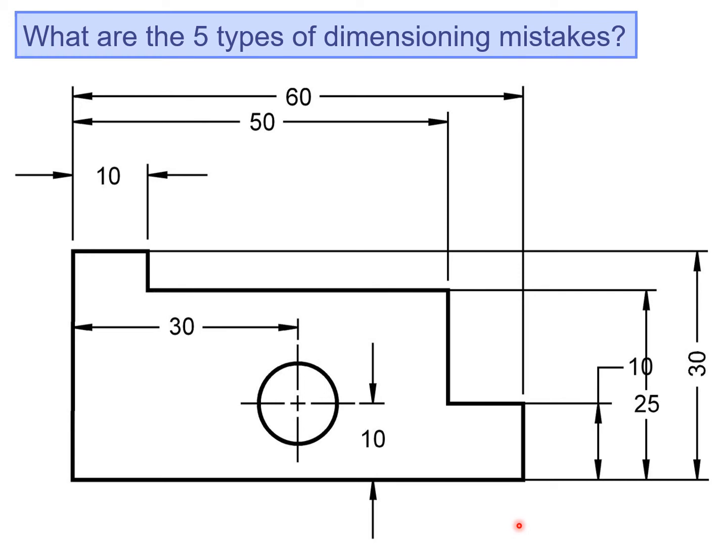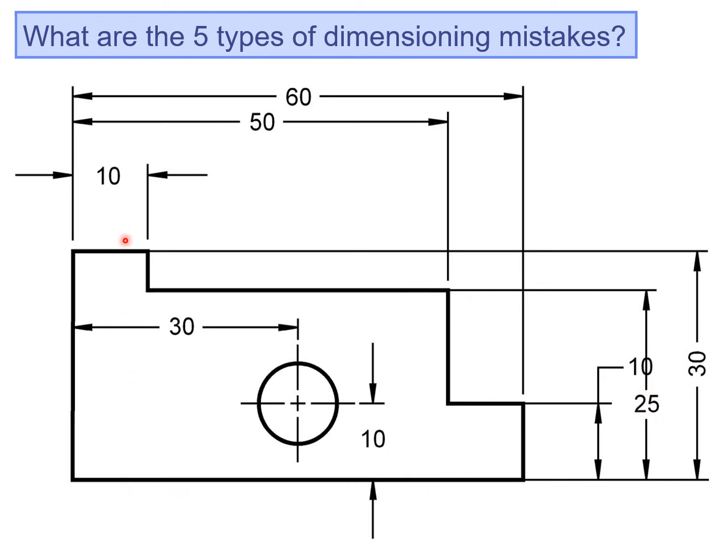Okay, so we have overall lengths. Now let's look at dimensions going vertically. The base has more surface area than the top, so we're going to pick the base as our datum, and we're going to dimension from the bottom up. So we have 10 units for the first step, and again, from the bottom up, the next step is 25 units.